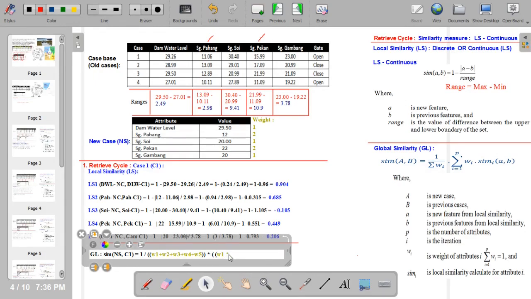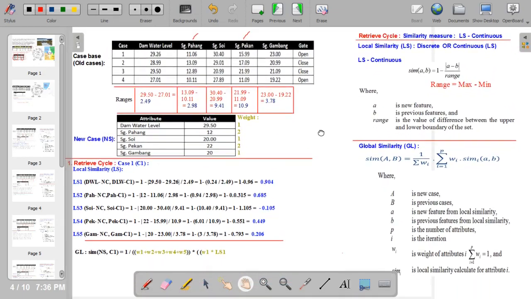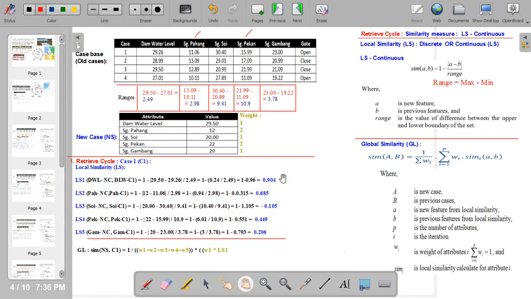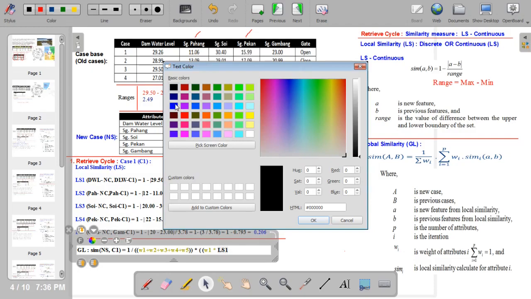W1 multiplying by LS1, that is highlighted in blue color.